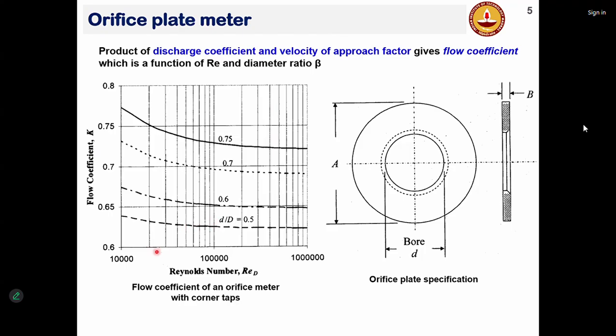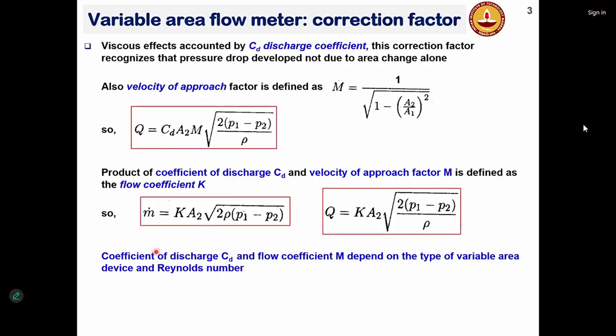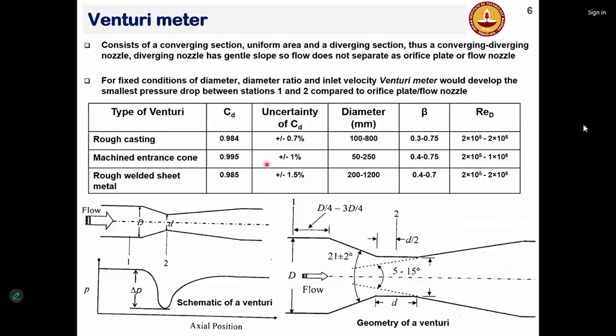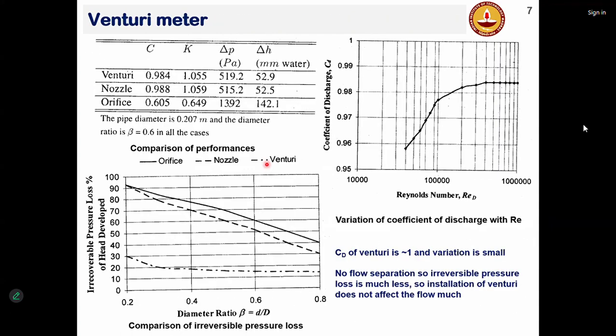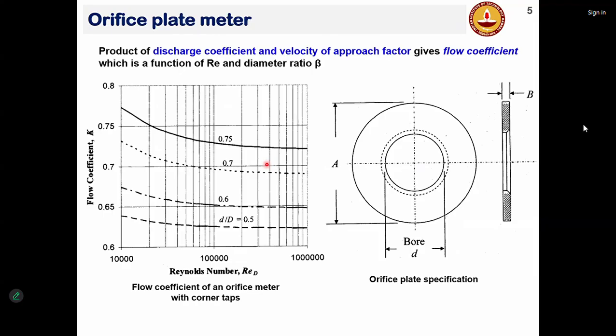If there is no viscous loss or eddy loss, then CD will have a value of 1. That means there is no correction. If there is no loss, there is no correction. But as the loss becomes more and more, CD will deviate from 1.